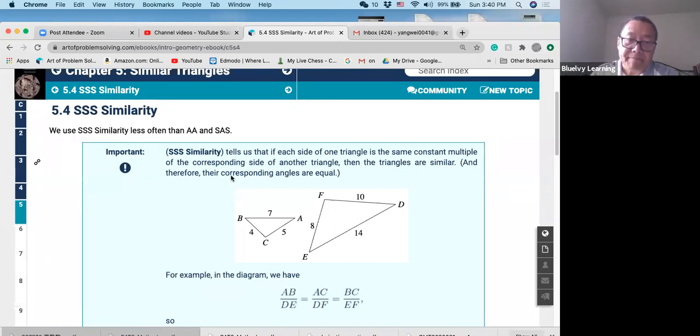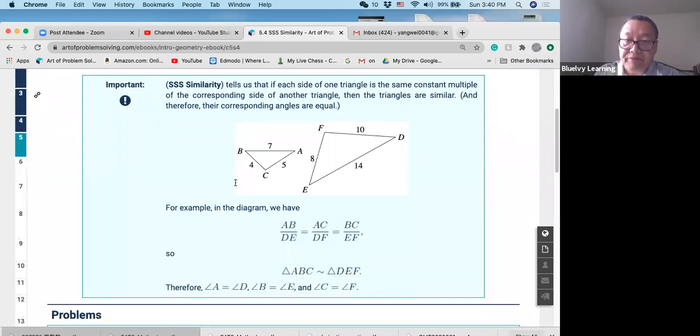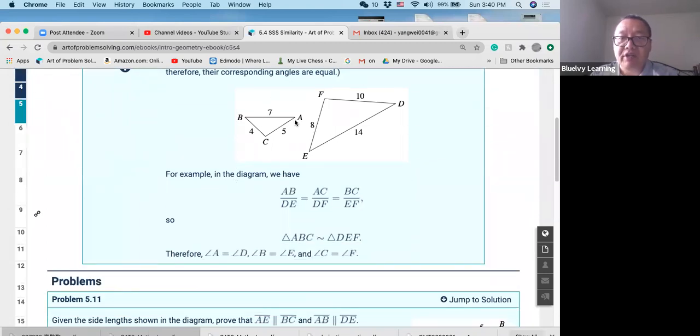So now let's see SSS similarity. If we have these two triangles, ABC and DEF, with BC equals 4, CA equals 5, AB equals 7, and EF equals 8, FD equals 10, and ED equals 14. Then you can compare BC over EF equals AB over DE equals AC over FD.